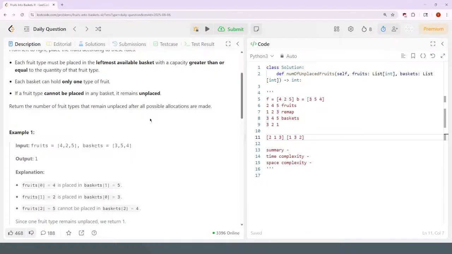And then for 1, you find where there's a basket capacity of 1, where the first 1 is found, or 1 or 2 or bigger.